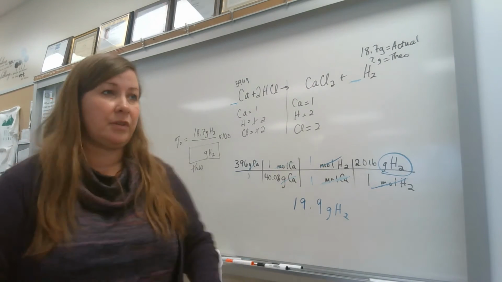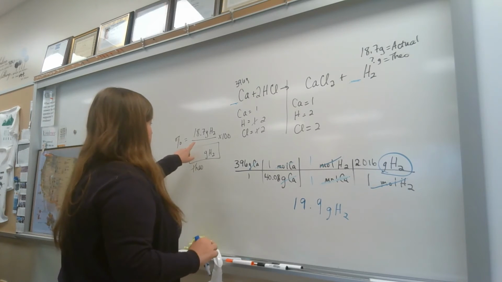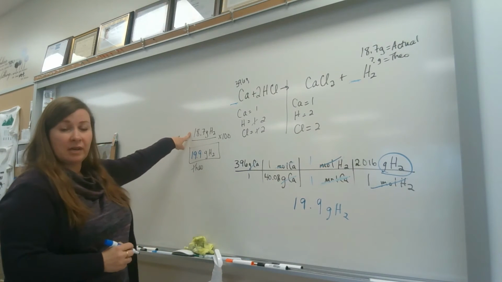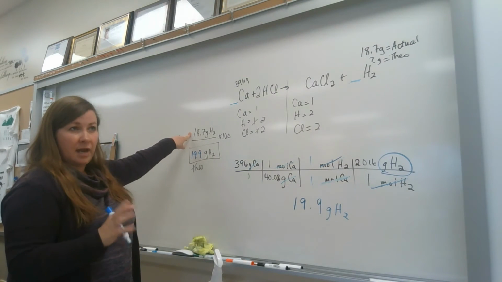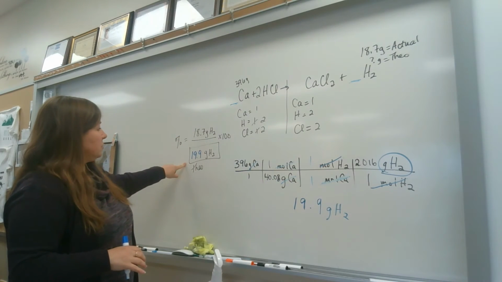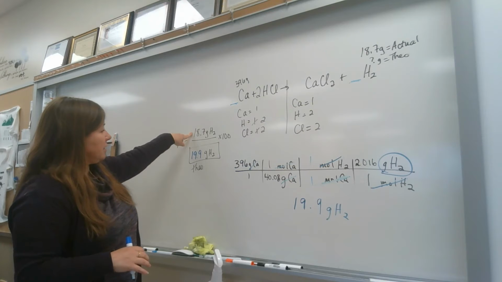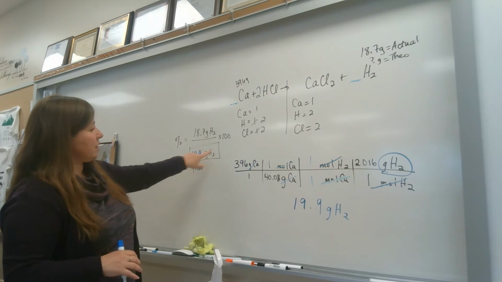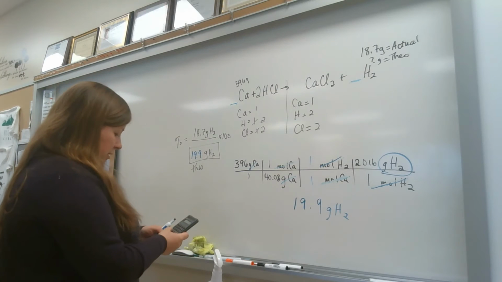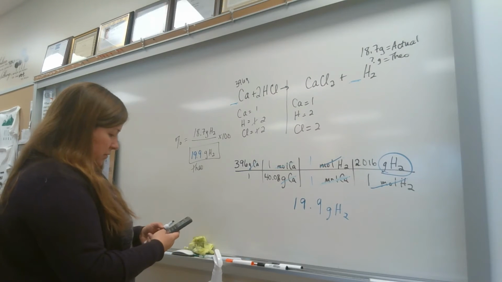Our actual yield was 18.7. We didn't quite get every molecule to react the way it was supposed to, so we're going to have to take our actual yield divided by our theoretical times 100. So 18.7 divided by 19.9 times 100 is 93.9.